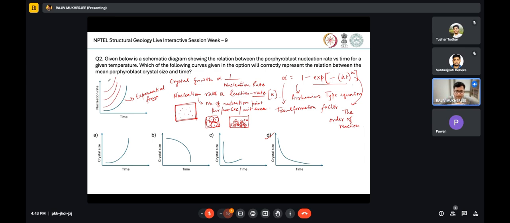That is the concept of nucleation thermodynamics. It tells us that if you have very high temperature and you introduce a sufficiently high nucleation rate to the system, it would cause very fine grain crystals.